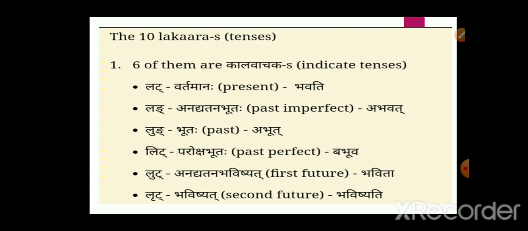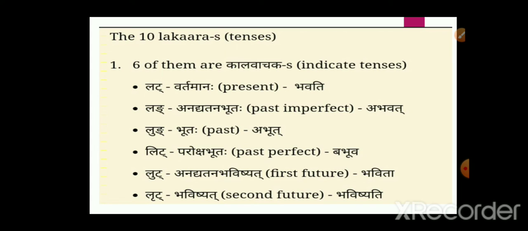As of now, you need to know that among the 10 lakaras, 10 tenses, 6 of them are to indicate tenses. Those are called kalavachaka. The first one is lat lakara, which represents the present tense. Present tense in Sanskrit is called vartamana. And the example of that present tense is the word bhavati.